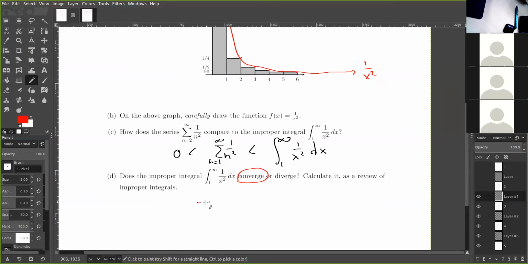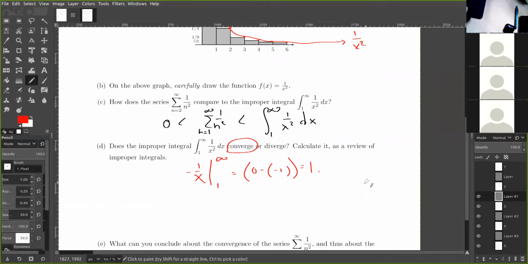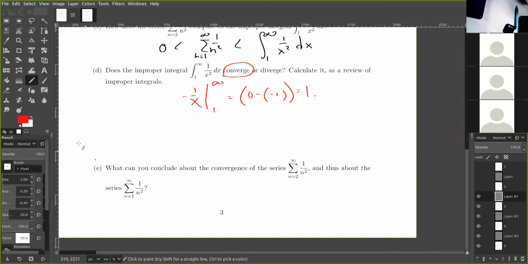We will have minus 1 over x when we do this integral, which will give me 0 minus -1. So just 1. What does that tell us about the sum?